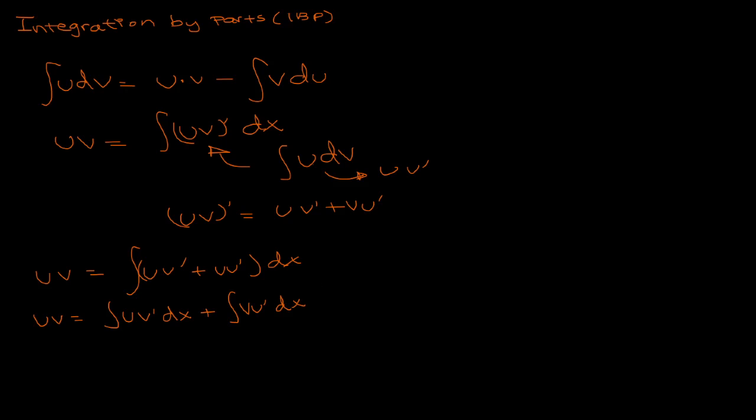Since we want the integral of u v prime, we just subtract the integral of v u prime dx from both sides. Therefore, the integral of u v prime dx equals u v minus the integral of v u prime dx.